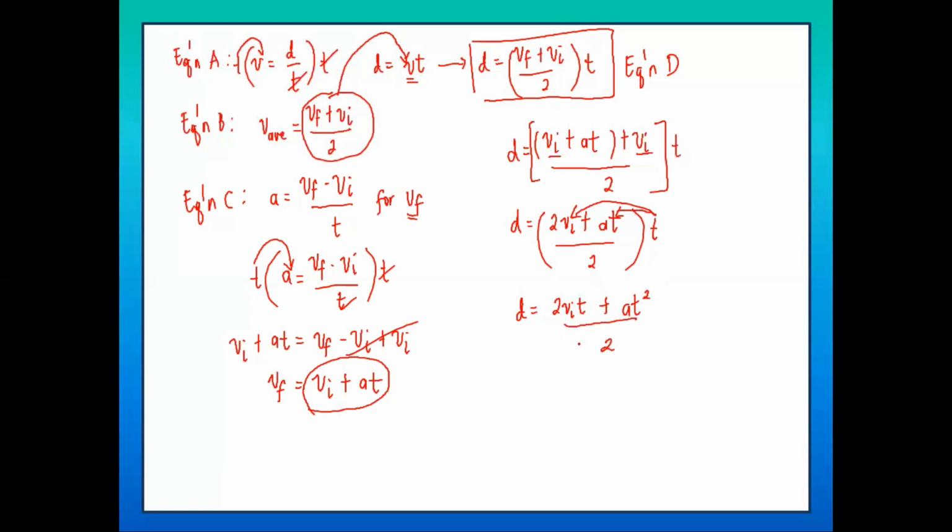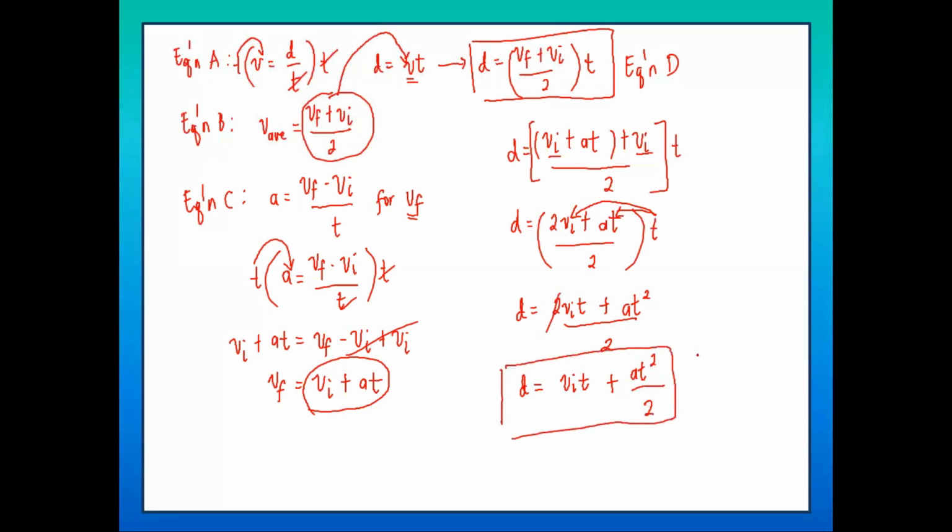So, isi-simplify pa rin natin to by dividing this to 2 and this to 2. So, this is now becomes D is equal to V sub IT plus, so cancel to, dito naman tayo, plus AT squared over 2. This is now your next equation.